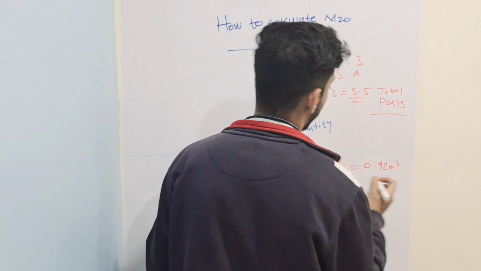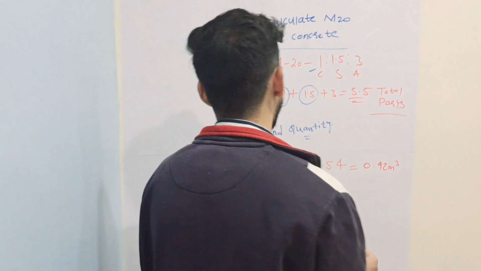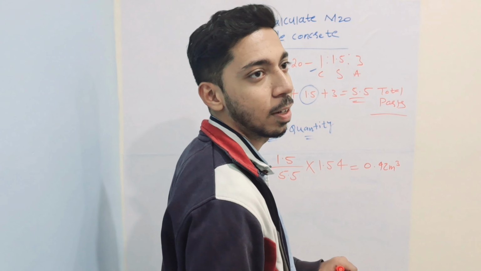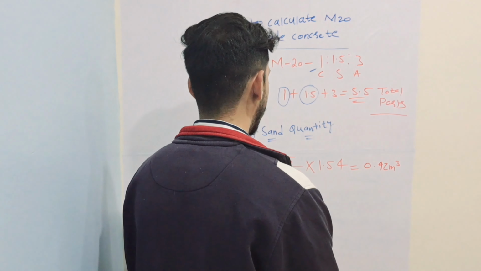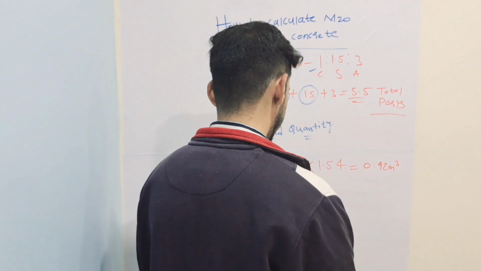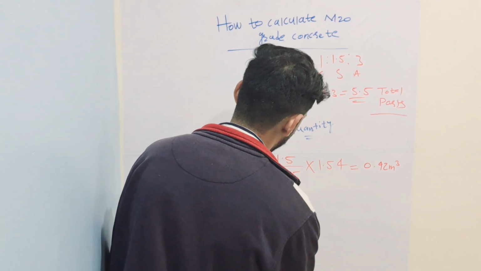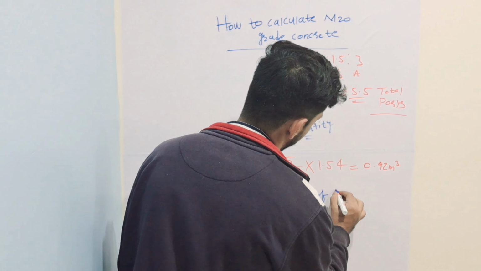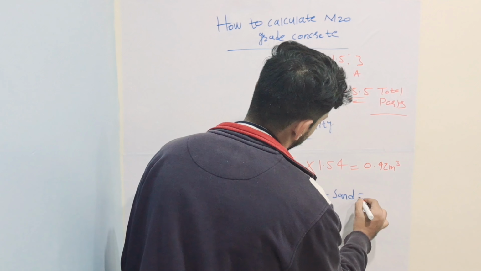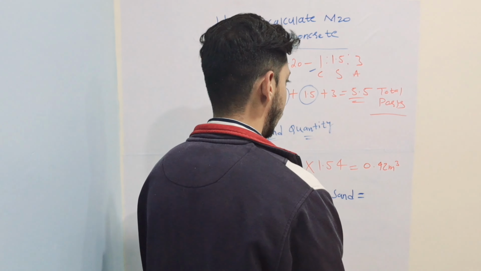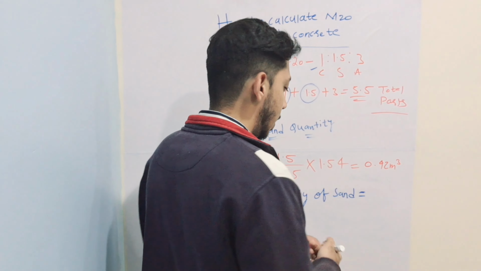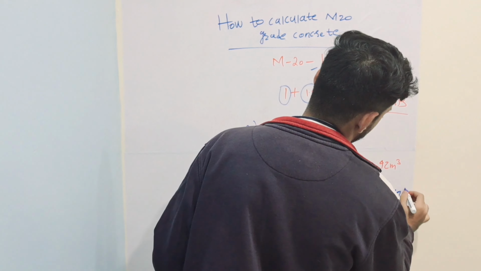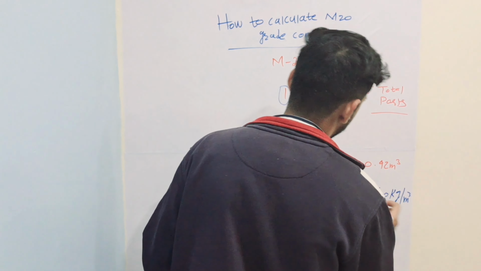Now, generally remember, for sand the density we consider is 1600 kg per meter cube.